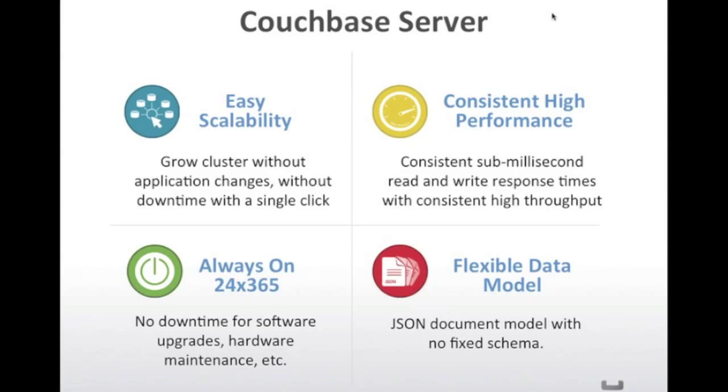Also, Couchbase is renowned for providing consistently high performance, and there are customers who have sub-millisecond requirements in terms of read and write response times, and they need it to be met consistently, and they've successfully used Couchbase to achieve their goals.